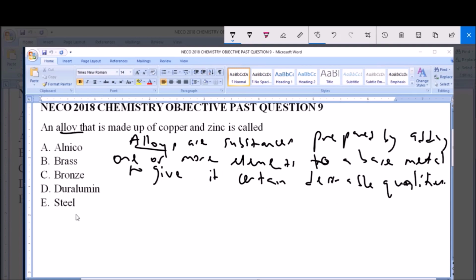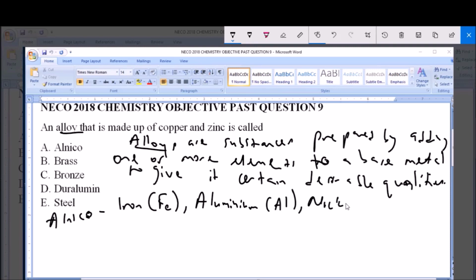So let's look at each of the options, the alloys in each of the options, and what constitutes those alloys. Now alnico is made up of iron, aluminium, nickel, and cobalt. So these are the constituents of alnico.